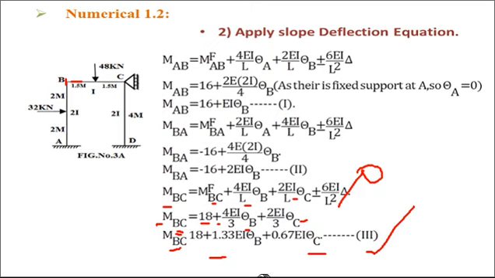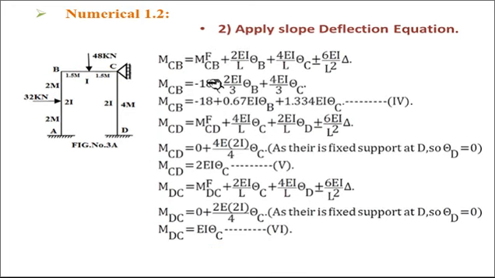Now find the equation for MCB, for end C. Now the slope deflection equation for end C. Again at C and B rotation is allowed, so both terms, theta B and theta C, will be present for the horizontal member. For a horizontal member delta is 0, no translation; we assume translation is 0 in case of a horizontal member.